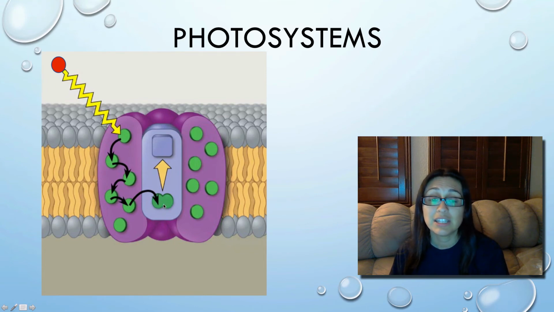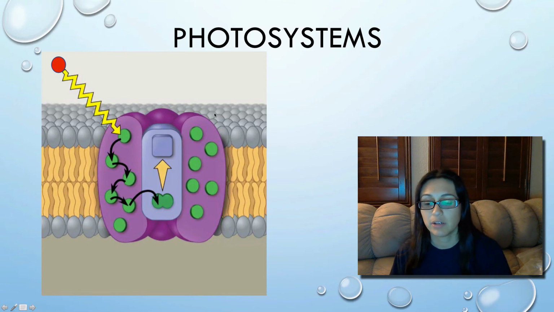Once the electron gets passed here, that's a huge thing, because now it can pass it to the primary electron acceptor. Now notice we haven't gotten to ATP and NADPH yet, but this is actually the very first step of the light-dependent reactions.